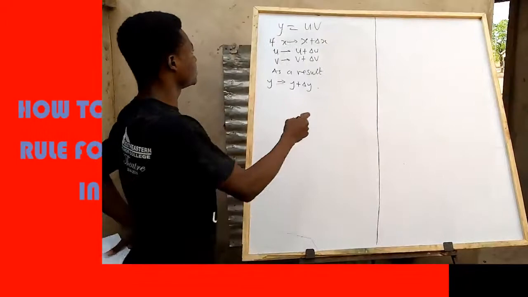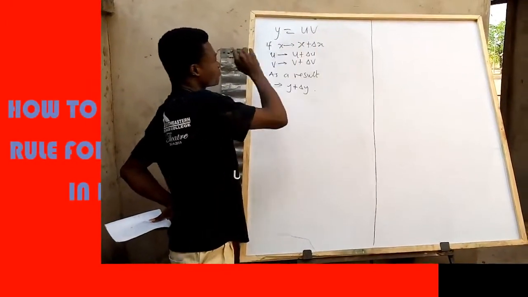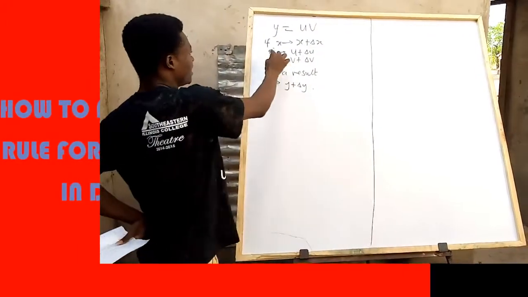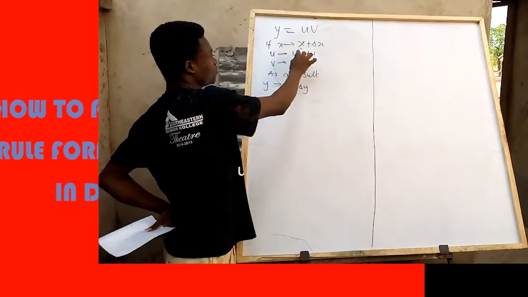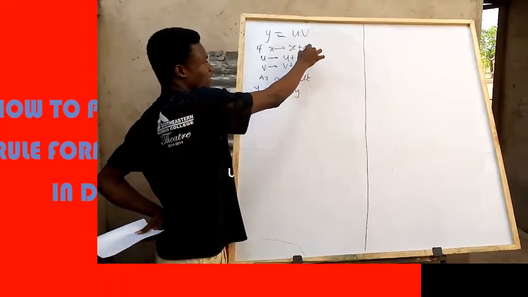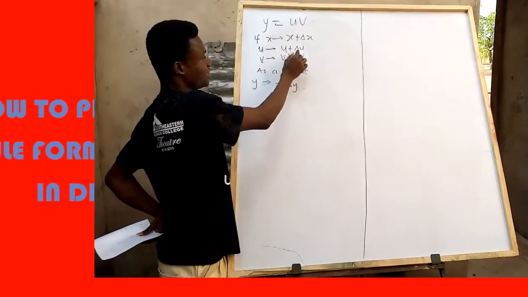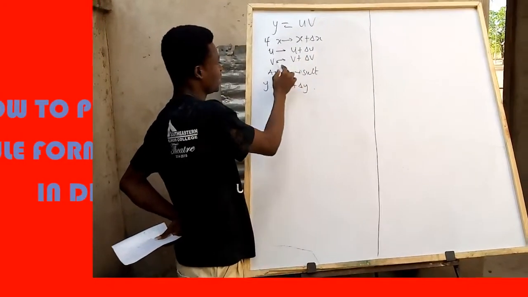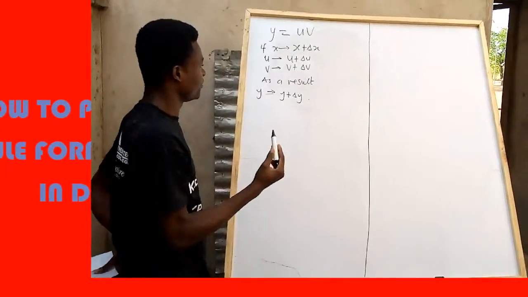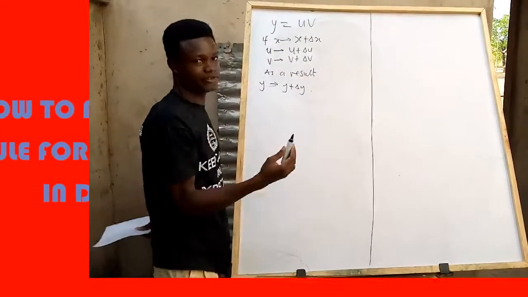And on the board you can see that y is equal to uv. I'm saying that if x is mapping to x plus a small increment in x, then u becomes u plus a small change in u, and v becomes v plus a small change in v.